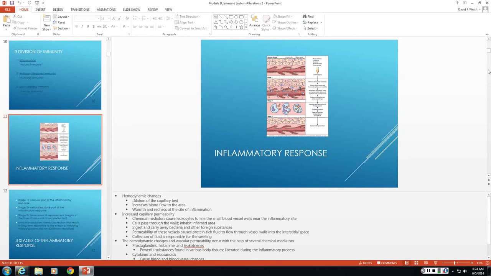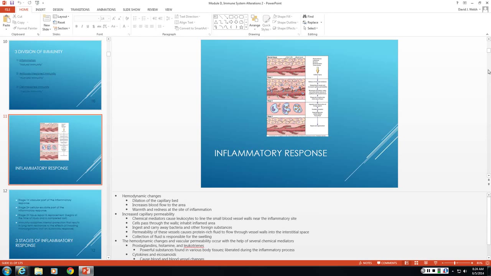So let's look at some differences in the inflammatory response. Now, hemodynamic changes, you're going to have dilation of the capillary bed. You're also going to have an increase in the blood flow to that area. So there's going to be warmth and redness at the site of the inflammation. You're also going to have increased capillary permeability.